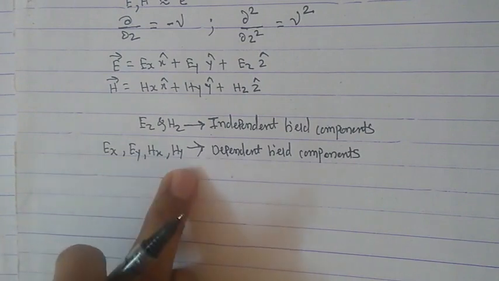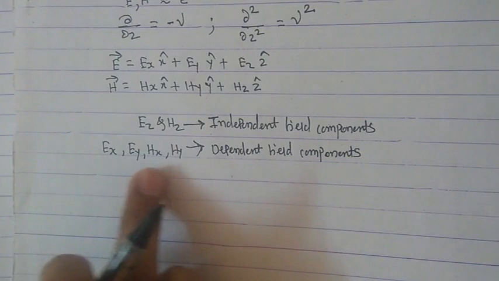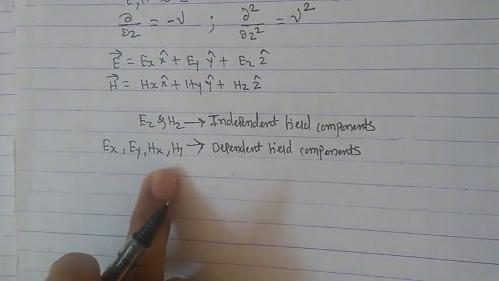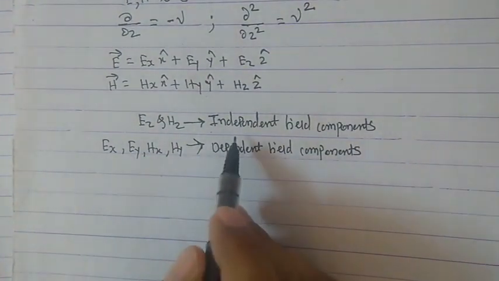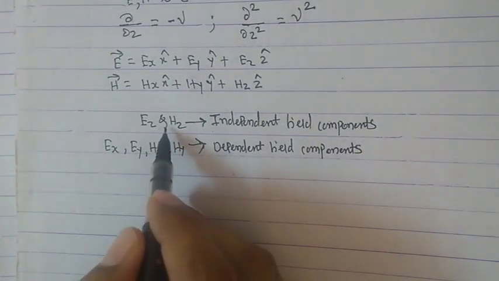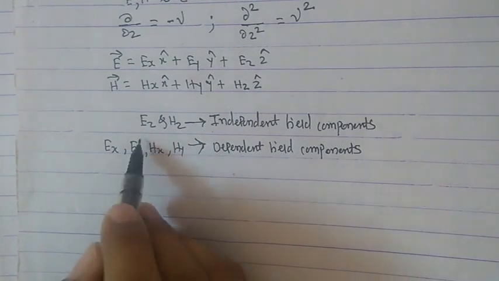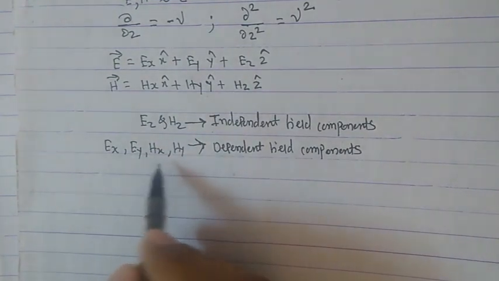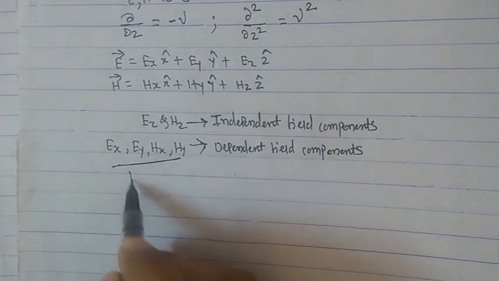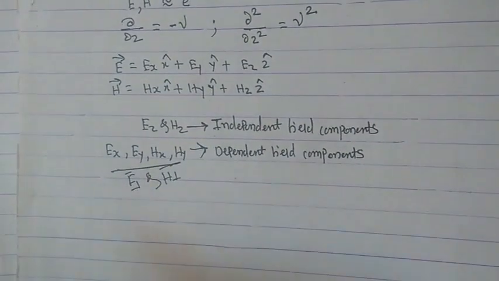These are the dependent field components, and when you write equations for them, they will be in the form of independent field components, meaning they will be written in terms of Ez and Hz. So you have equations of Ex, Ey, Hx and Hy in terms of Ez and Hz. In general, they are E transverse and H transverse. That is what we are doing.